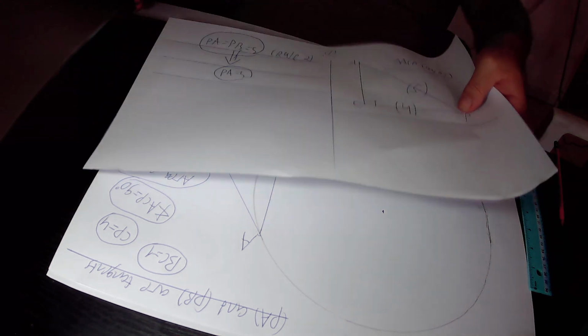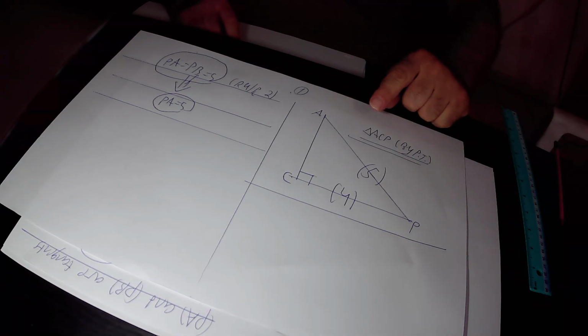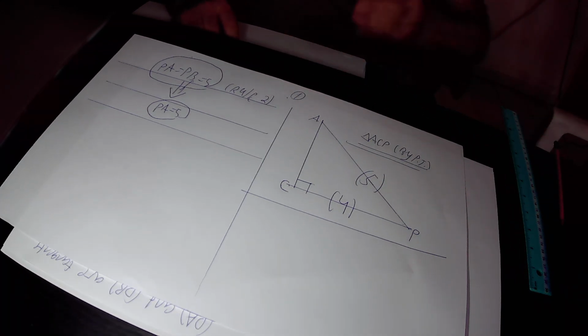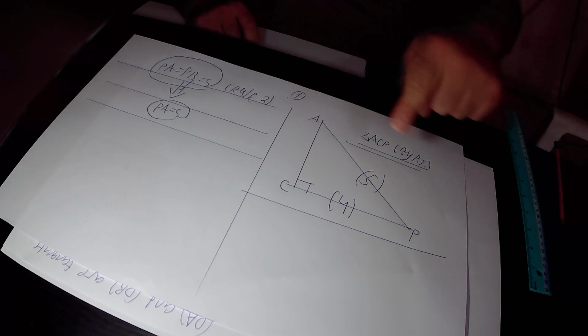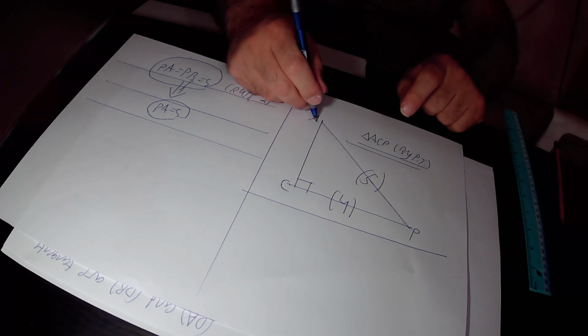So actually, this is the right triangle ACP that I copied from the original drawing. According to the Pythagoras theorem, in this right triangle ACP, AP squared, that is the square of the hypotenuse, equals AC squared plus CP squared. So I write it down.